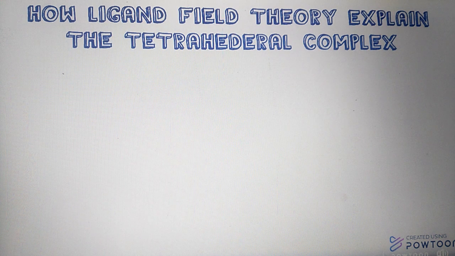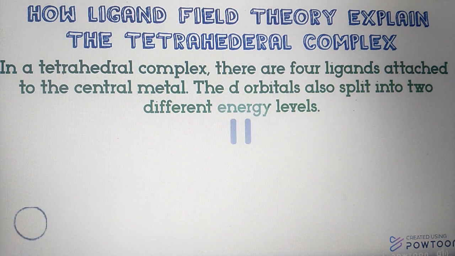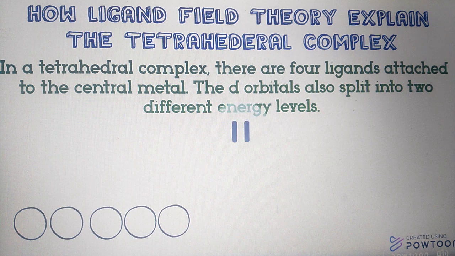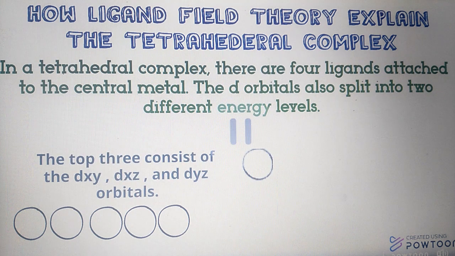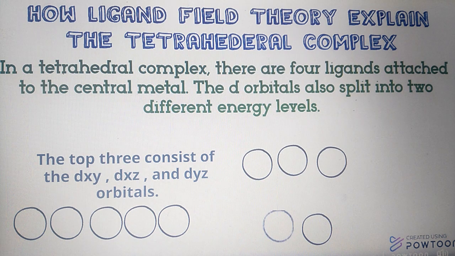How does ligand field theory explain the tetrahedral complex? In a tetrahedral complex, there are four ligands attached to the central atom. The d orbitals split into two different energy levels. These are the five orbitals of the d subshell, whose energies are degenerate, the same. When the ligand approaches toward these orbitals, they split into two groups. The upper is called t2g and the lower is called eg.